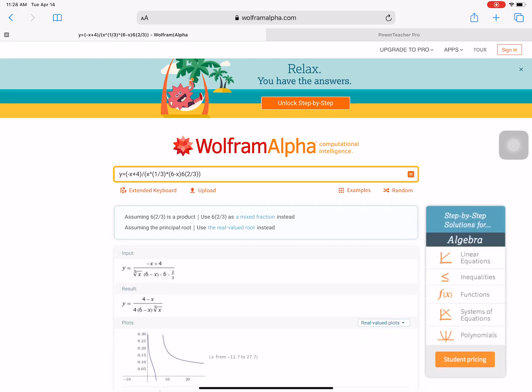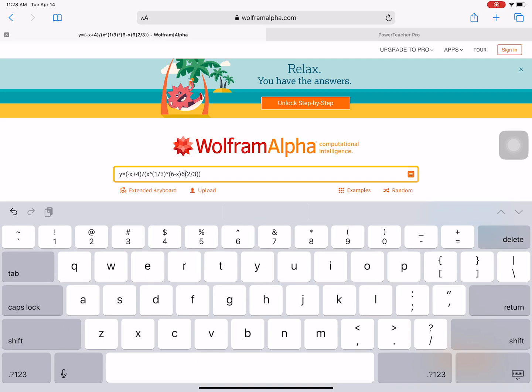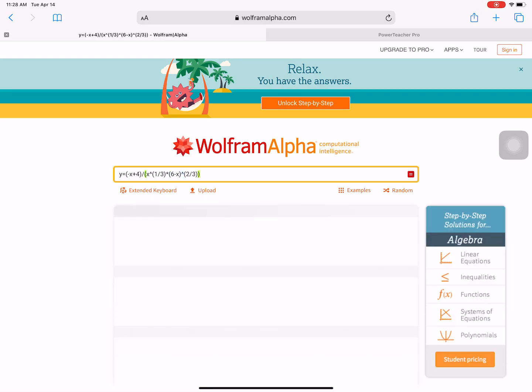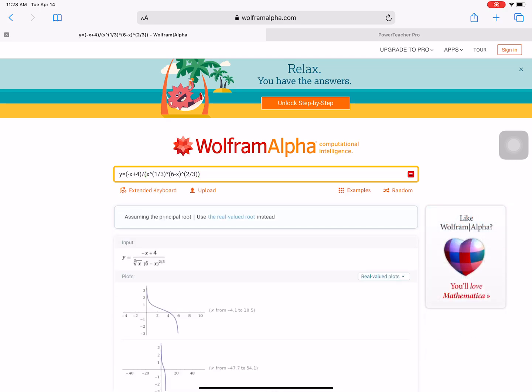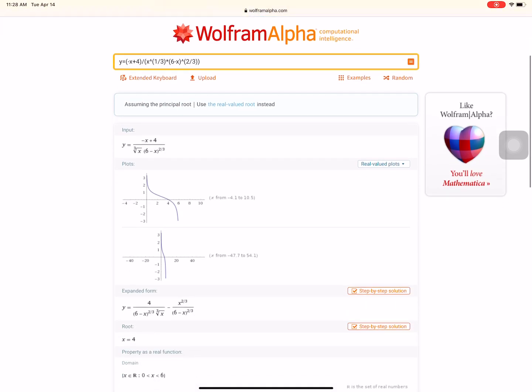So you'll notice that it didn't read this correctly because of the hat symbol. So retype it in. Make sure that the very first thing you see is that the function was typed in correctly. So negative x plus 4 is my numerator expanded out. Cube root of x, and then 6 minus x to the 2/3. All the variables are lowercase.